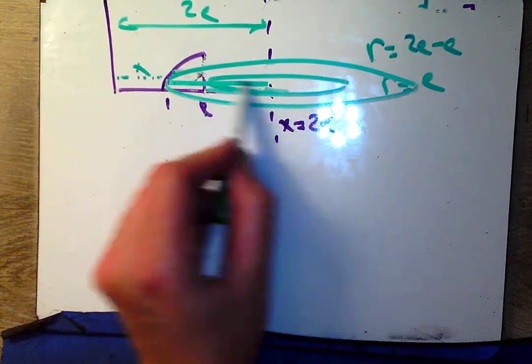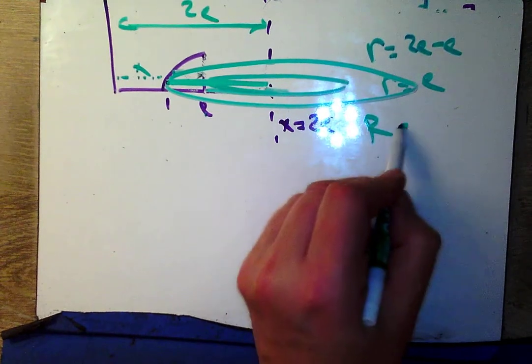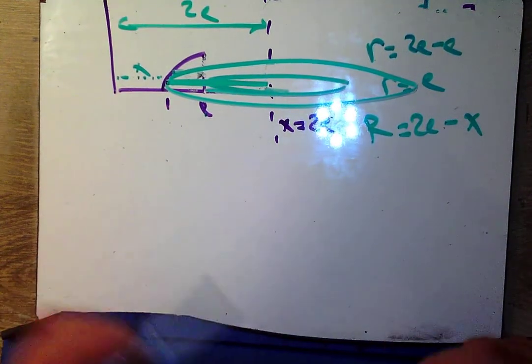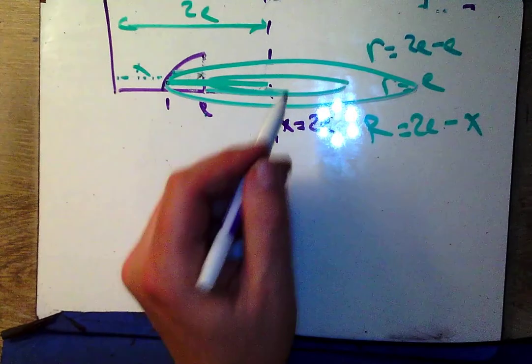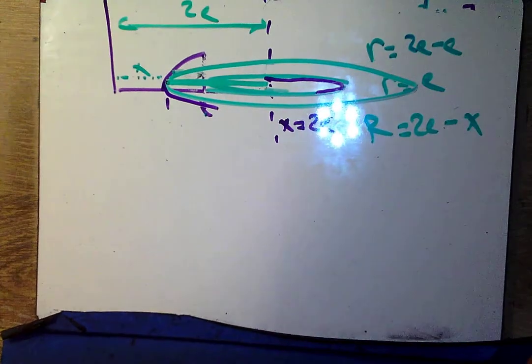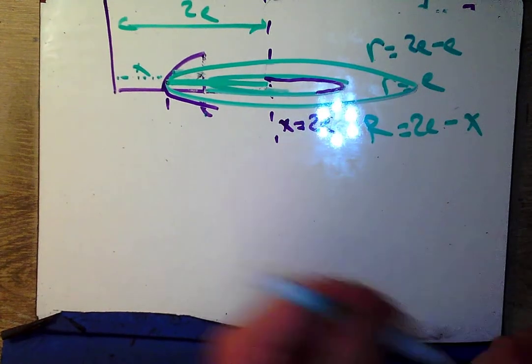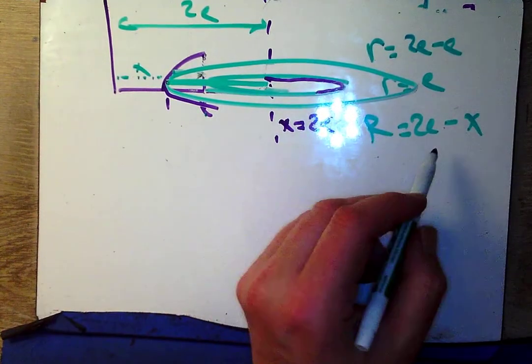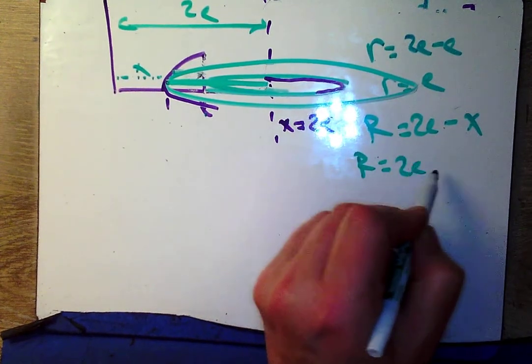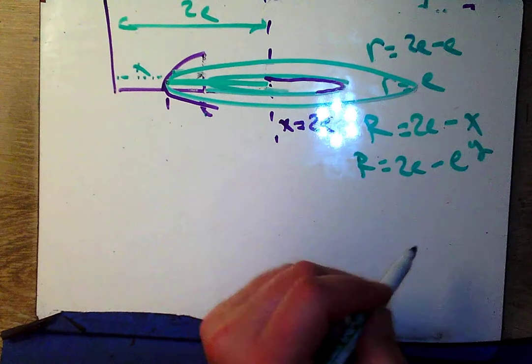So big R is 2e minus x. However, the thickness here is a vertical thickness. And because this is a vertical thickness, we have a dy integral, so no x here. We're going to need 2e minus e to the y.